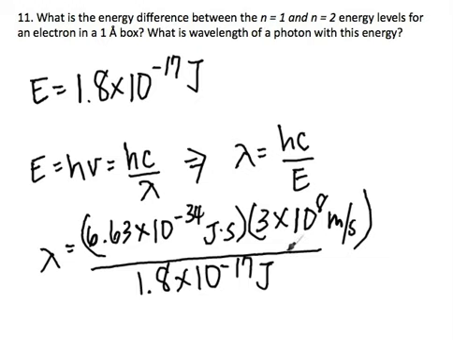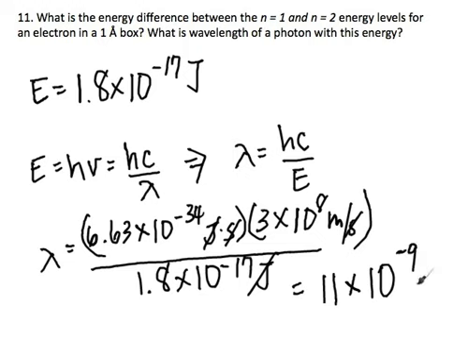So you will find out that the joules will cross out, the seconds will cross out, and so we're left with meters. And we'll get 11 times 10 to the negative 9 meters, approximately.